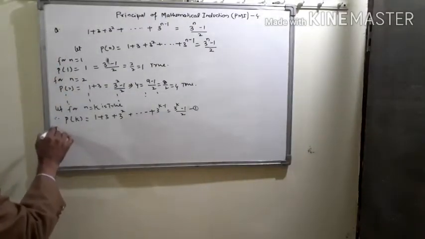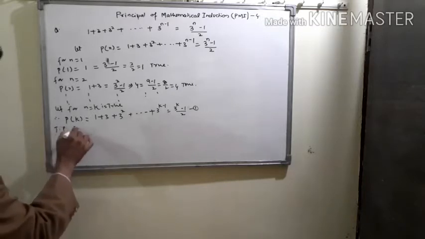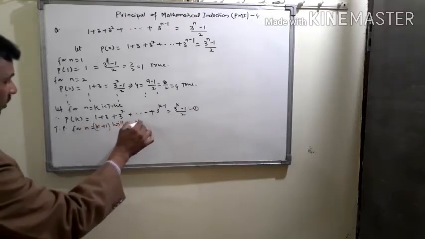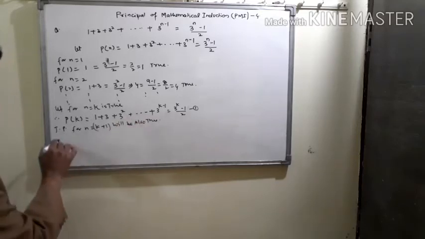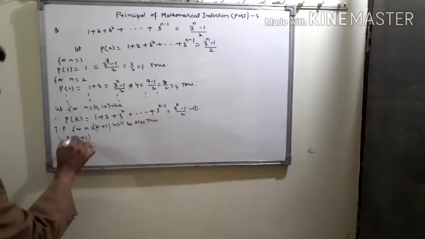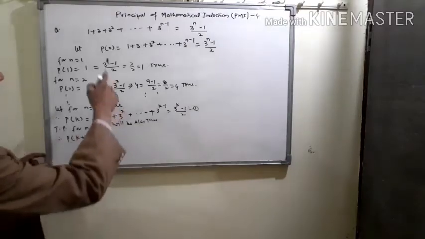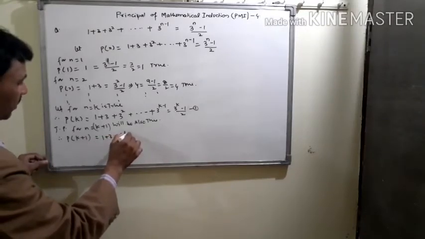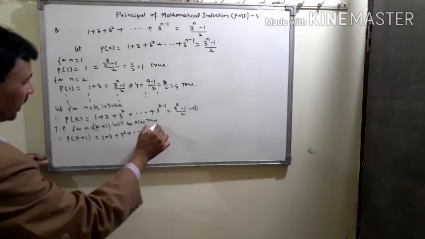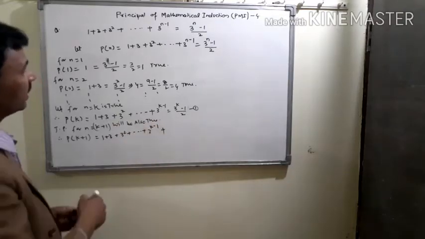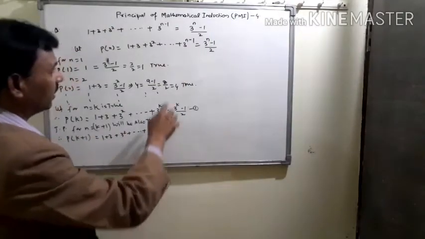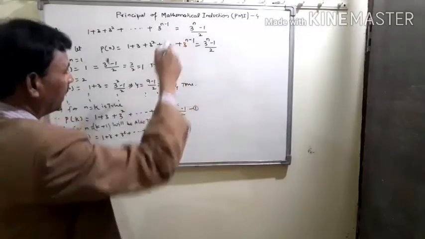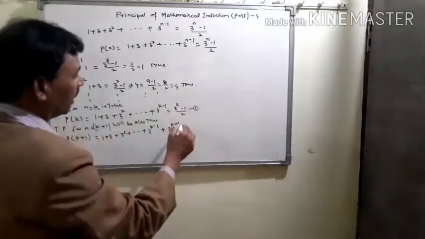Now we have to prove that it will also be true for n = k + 1. Therefore P(k+1): write the same from here to here, that means 1 + 3 + 3² + ... + 3^(k-1), and increase one more term, writing k + 1 in place of n, also minus 1.